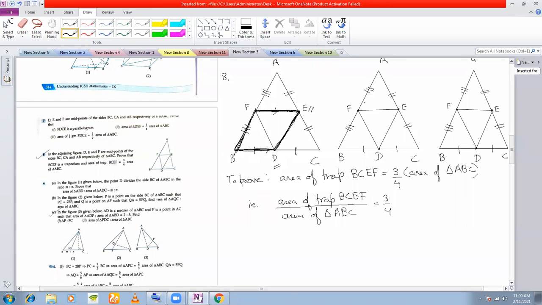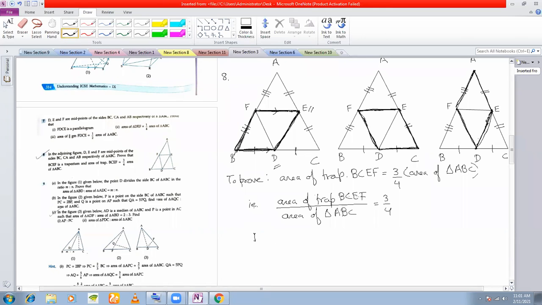Similarly, this is also a parallelogram, and this is also a parallelogram. So we're getting 3 parallelograms in the figure. Okay, so we'll write this first.